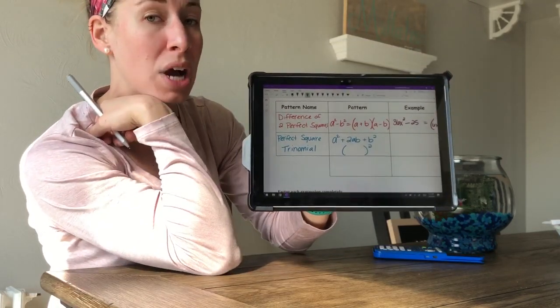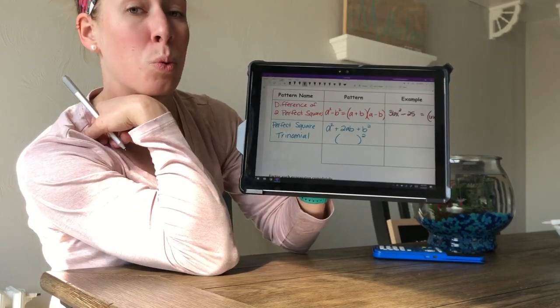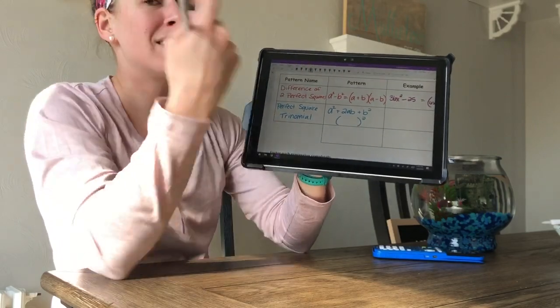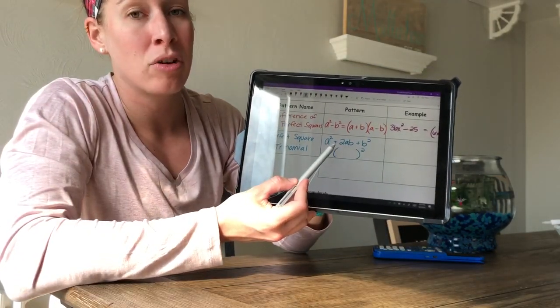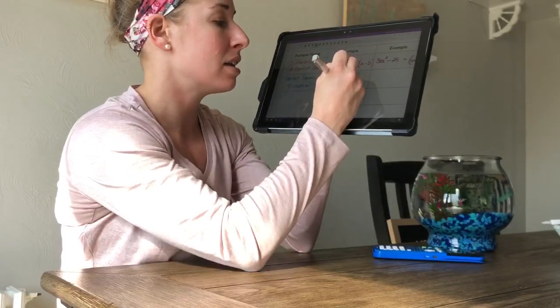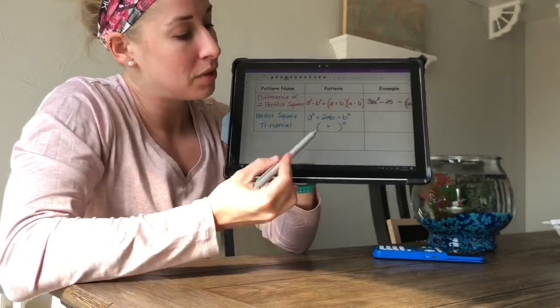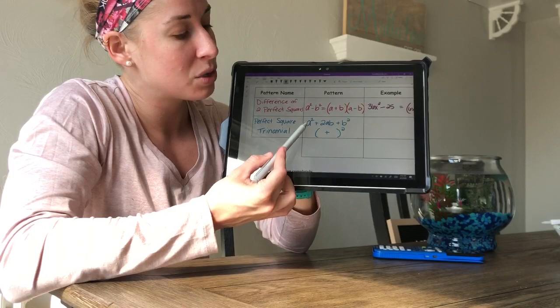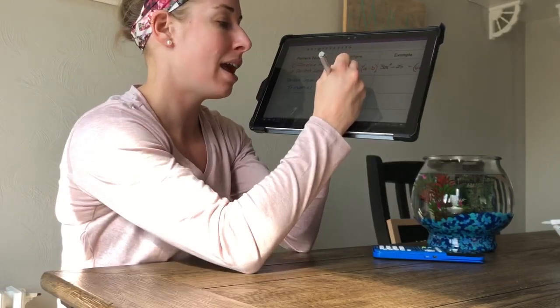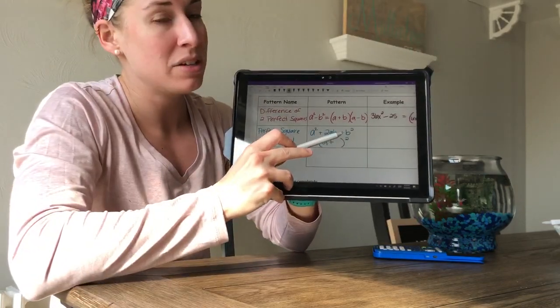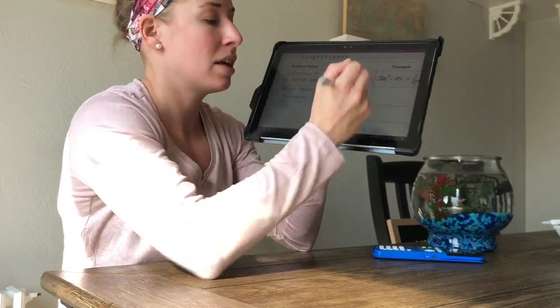Okay, perfect square trinomial factors down to one bubble squared. The sign in the middle of the two terms is whatever the first sign of your trinomial is. So since it's a plus sign, this will be a plus sign. The first term in your bubble will be the square root of the first term. So the square root of a squared is a. And then the square root of b squared is b. Done.